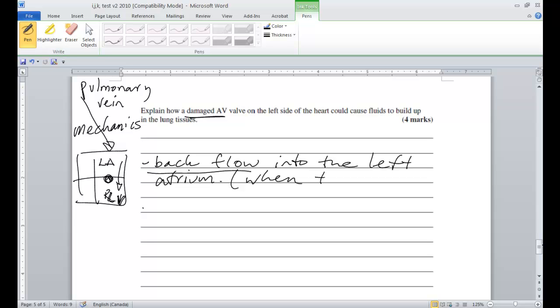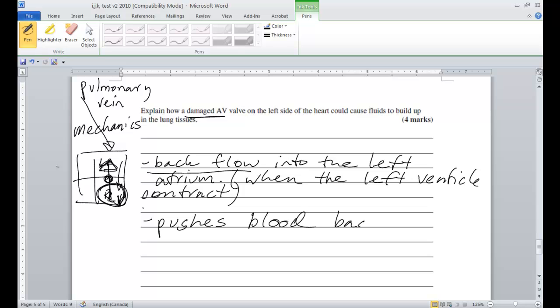You didn't have to say that, but to explain it to you, when the left ventricle contracts, so when this part of the heart is contracting, blood is moving backwards instead of forwards. This is going to push blood back into the pulmonary vein.